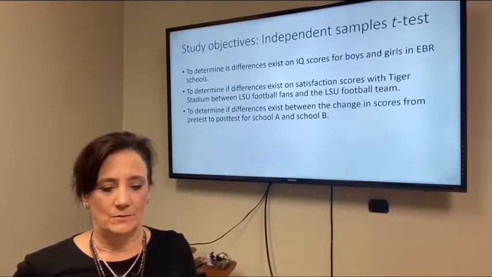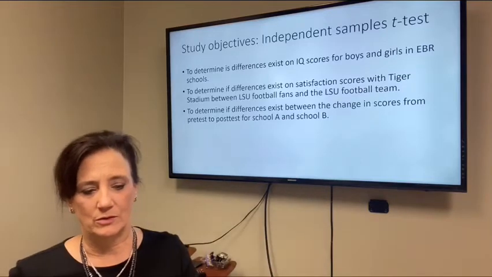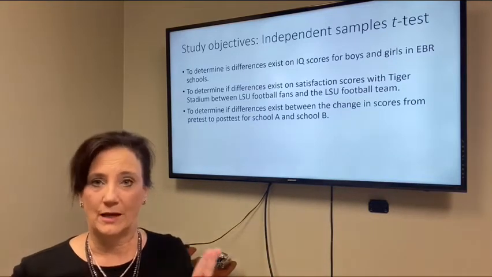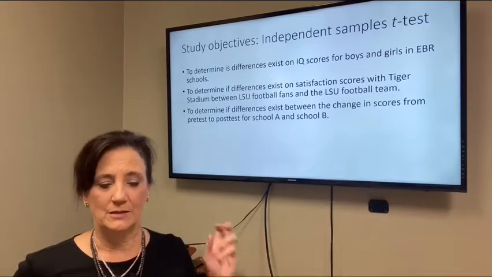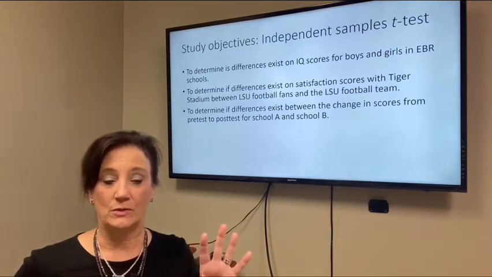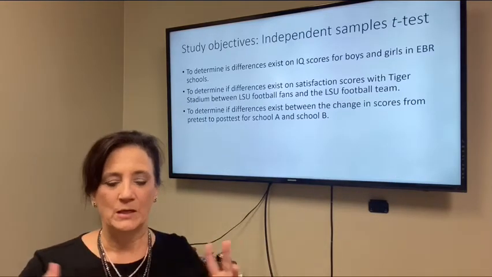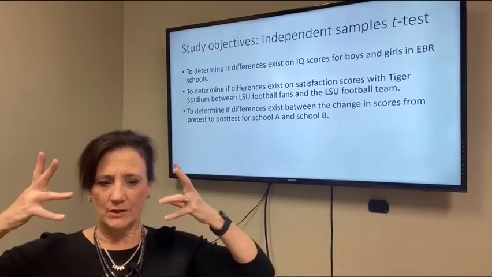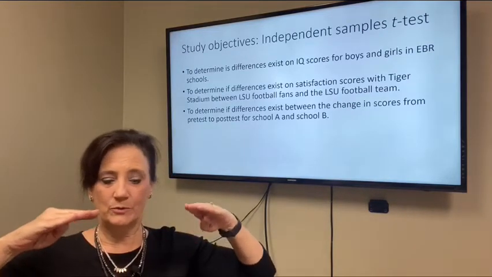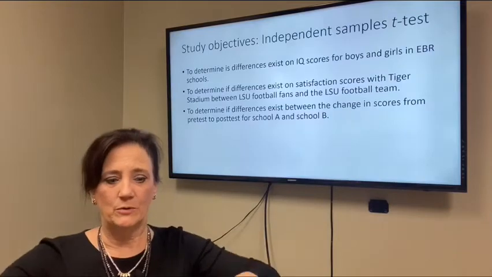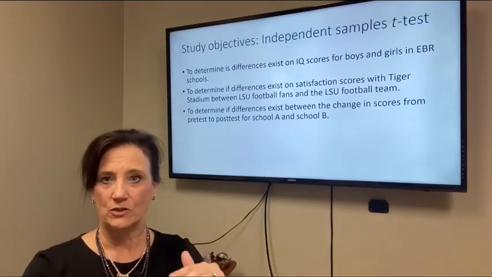All right, so an example, IQ scores for boys and girls. Are there differences on the IQ scores between the boys and girls? Are there differences on satisfaction scores with Tiger Stadium between football fans and the football team? So what I want you to begin wrapping your mind around is that your dependent variable in the first example is IQ score, and your independent variable is gender.